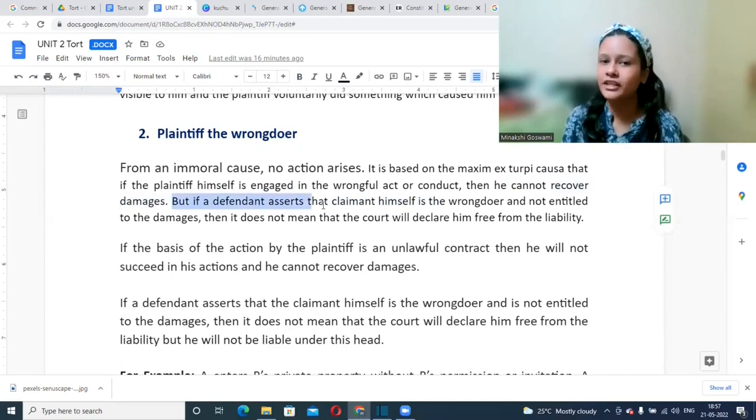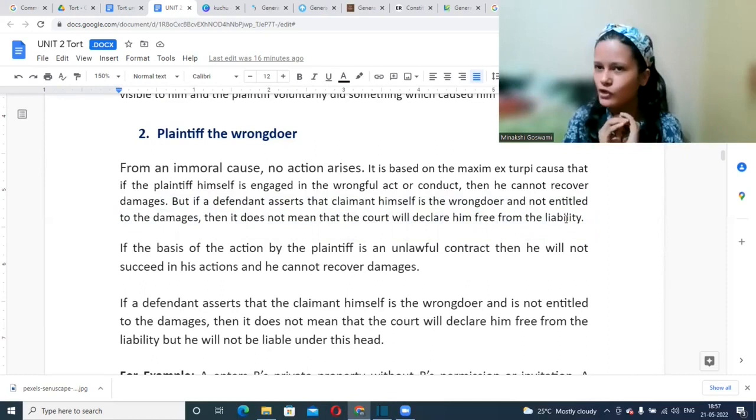But if the defendant proves that yes, the plaintiff himself was the wrongdoer and he is not entitled to damages because he was only doing something wrong, he suffered injury, now he is only complaining about it. In such a case, it does not mean that the court will declare him free from liability, but he will have to prove that properly.